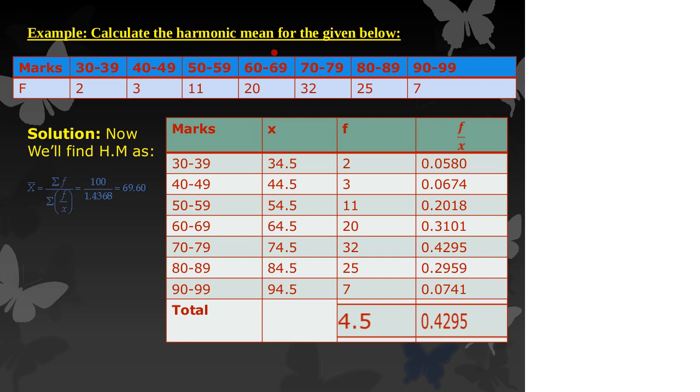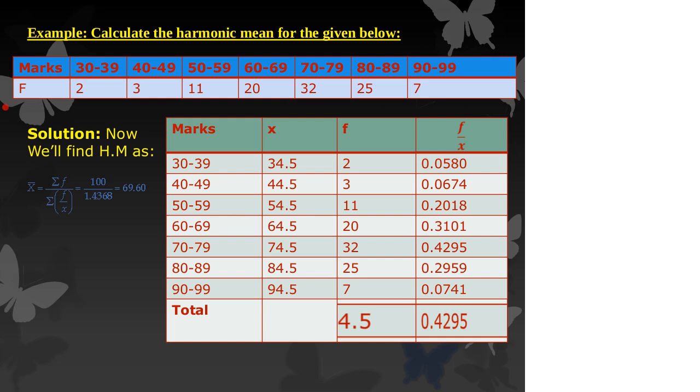In the first class of 30 to 39, we have the midpoint as 34.5 and f as 2. So we multiply them. 2 times 34.5. What's the answer? So we have 69.